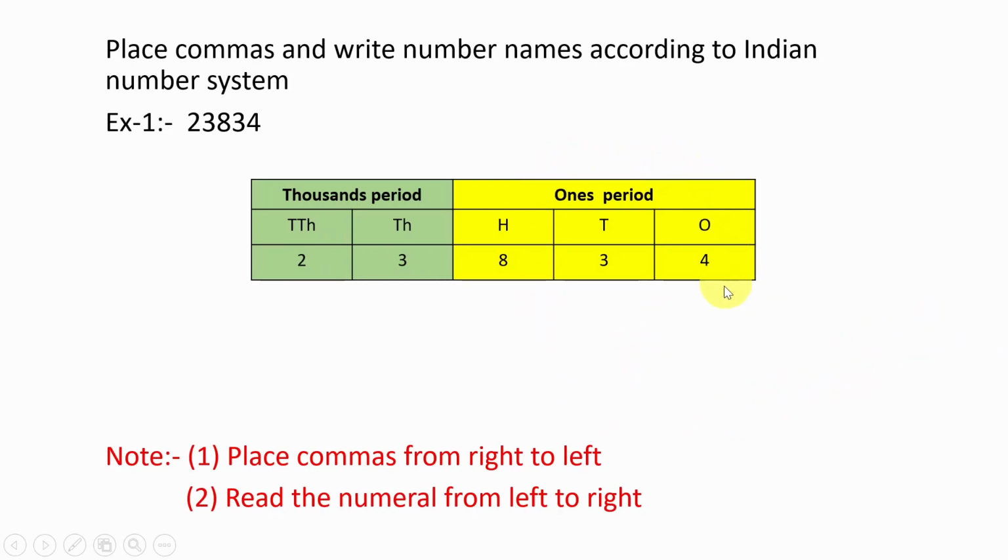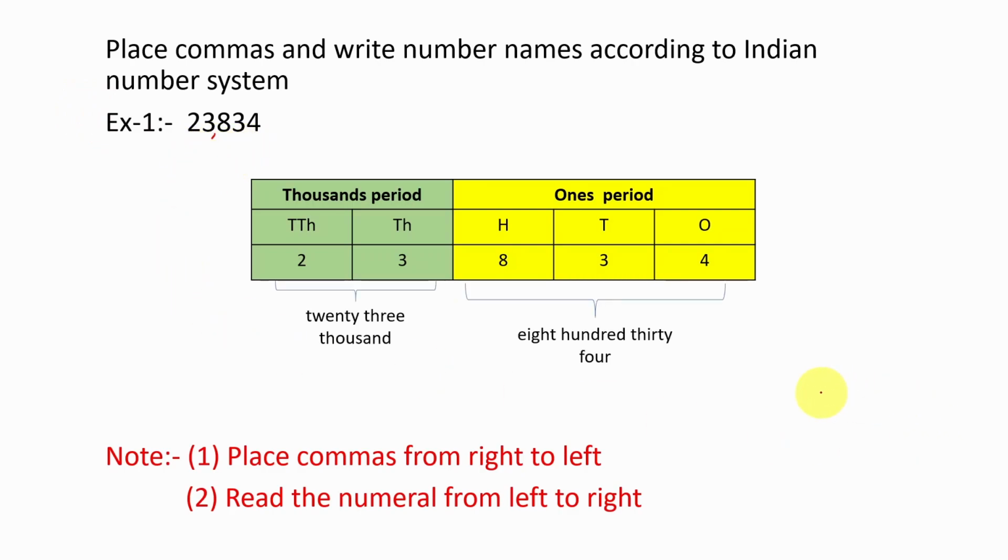So, the ones period and thousands period should be separated by using a comma. So, how do we insert the comma between the ones period and thousands period? After the digits 4, 3, 8, we have to insert the comma here. See, this is the way to insert a comma.